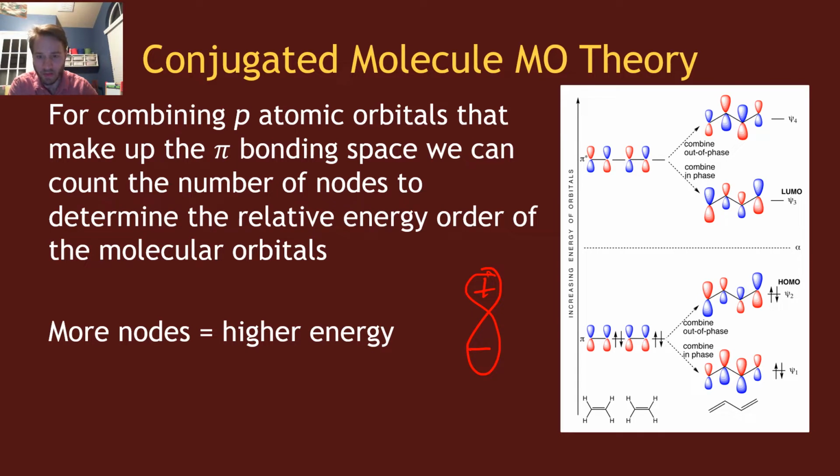You can have those match up, plus or minus, and then you have a pi bonding orbital, where you could have plus minus, minus plus, really poorly drawn. But an anti-bonding orbital, a pi star orbital type thing.